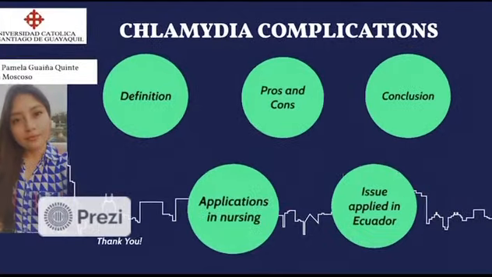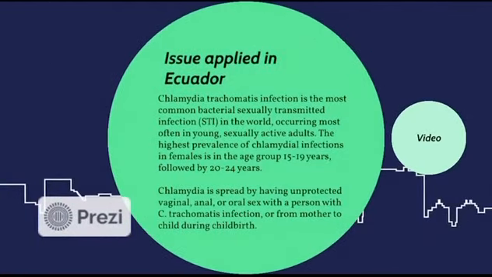Chlamydia trachomatis infection is one of the most common bacterial sexually transmitted infections (STIs) in the world, occurring most often in young sexually active adults. The highest prevalence of chlamydia infection in females is in the age group 15 to 19 years, followed by 20 to 24 years.